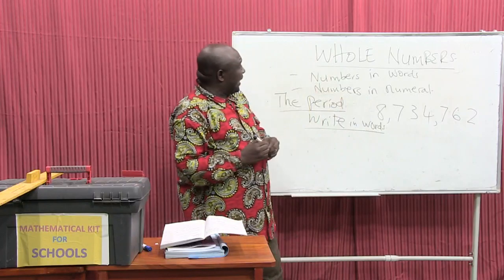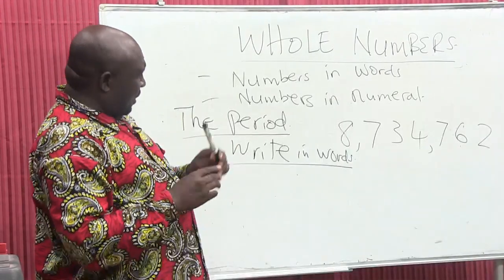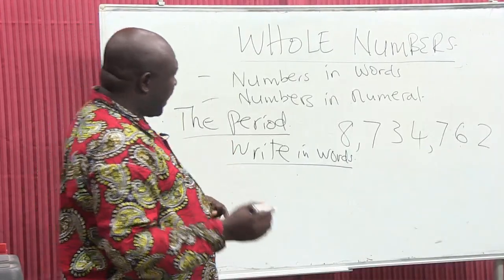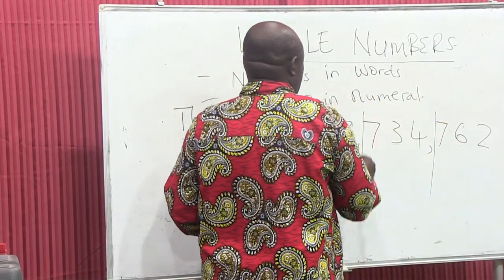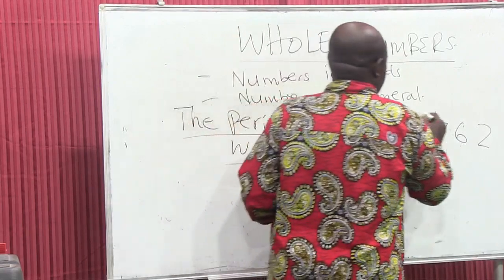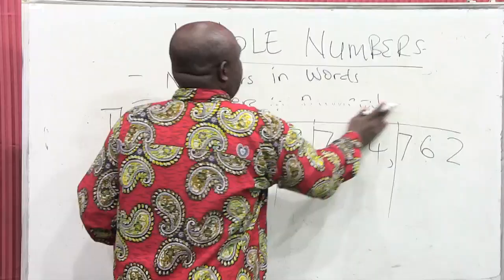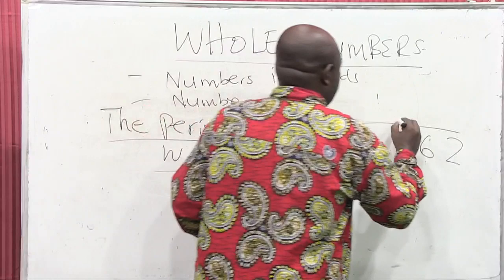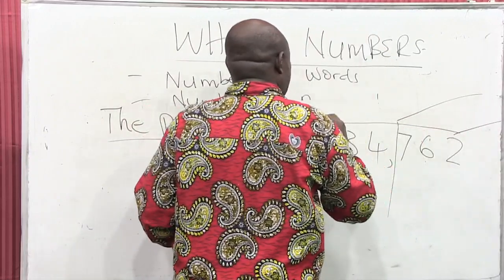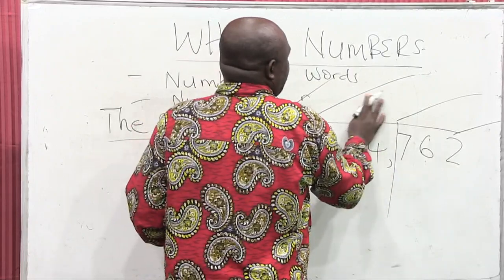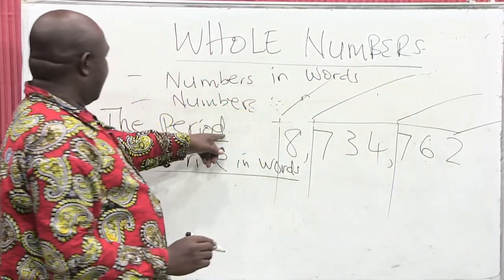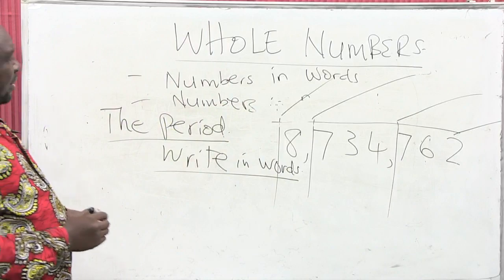Then we have 3 groups. Now these groups have special names, and we call them periods.